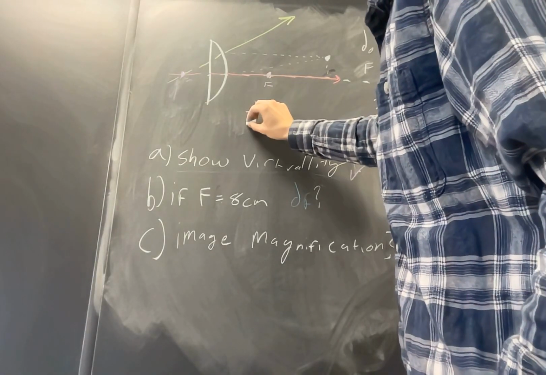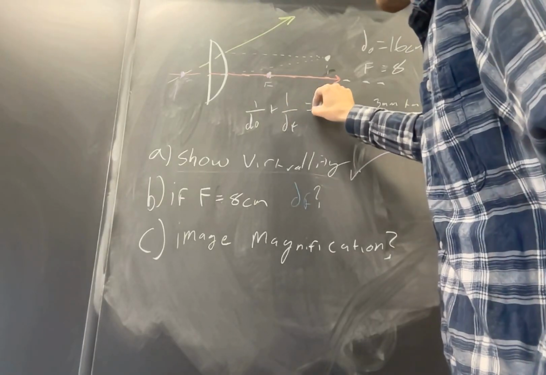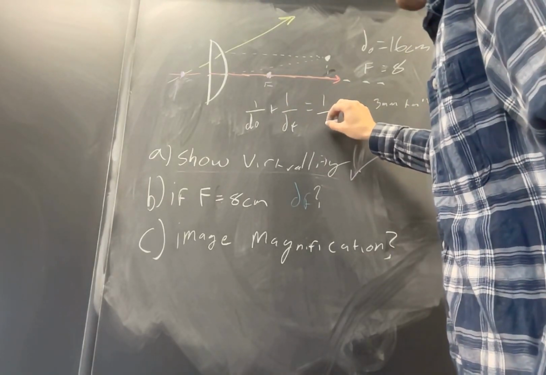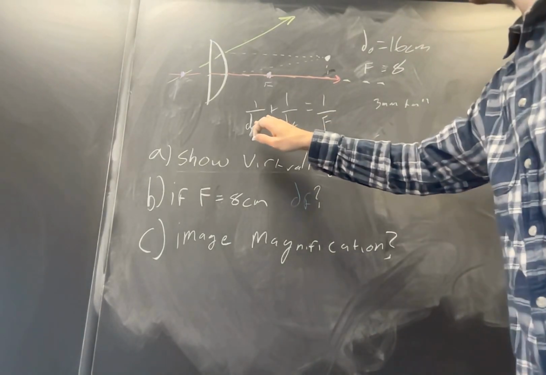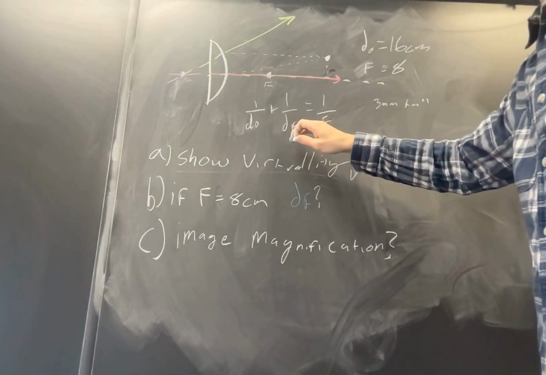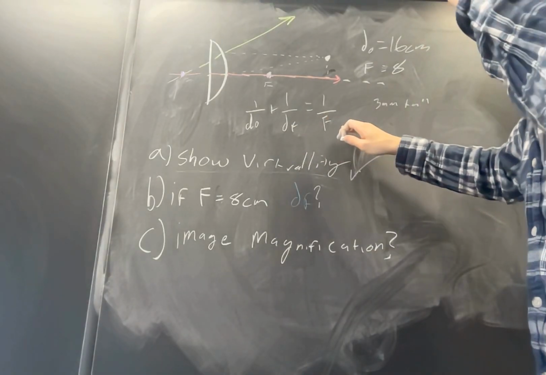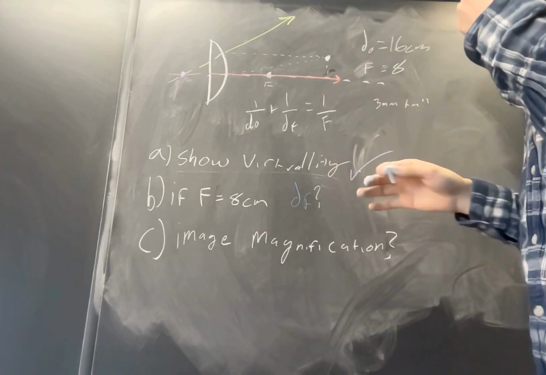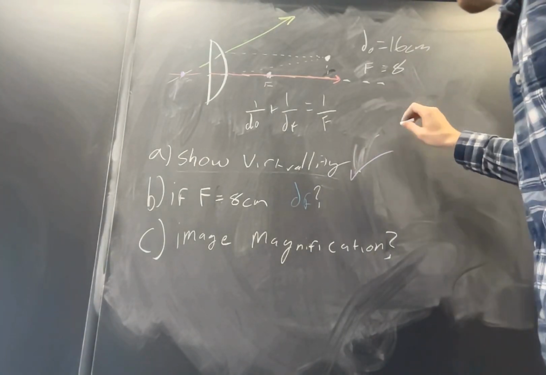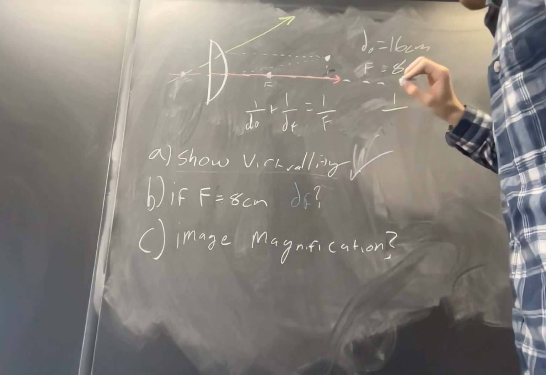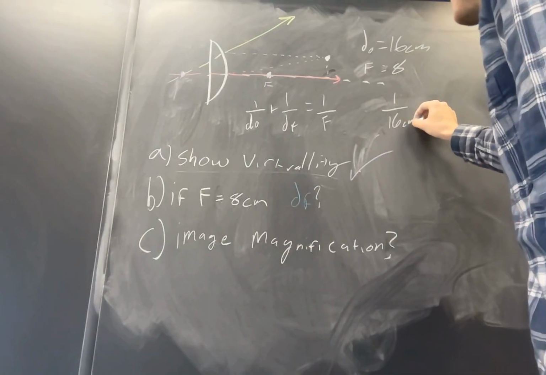Well, we know this formula to be true, hopefully at this point. 1 over f. This formula relates the distance of the object from the mirror and the distance to the virtual image to 1 over the focal length. So all we have to do here is say, our initial distance was 16 centimeters.